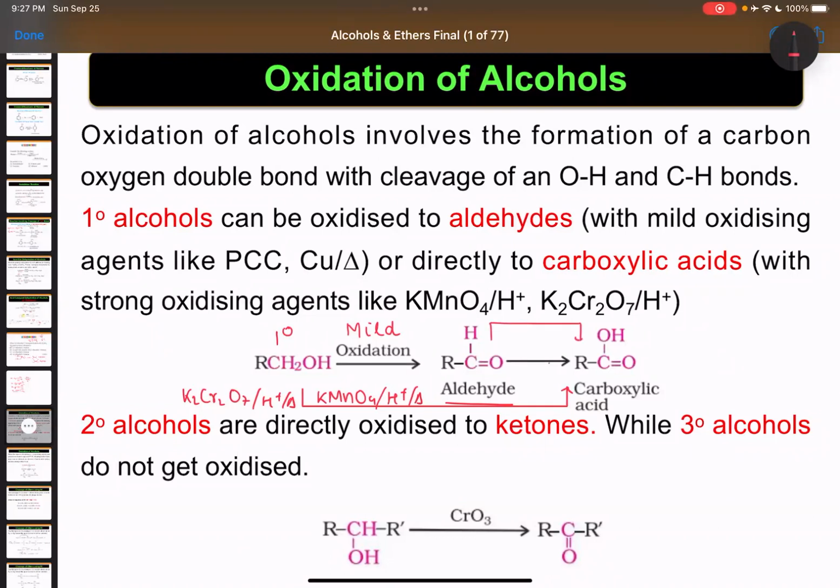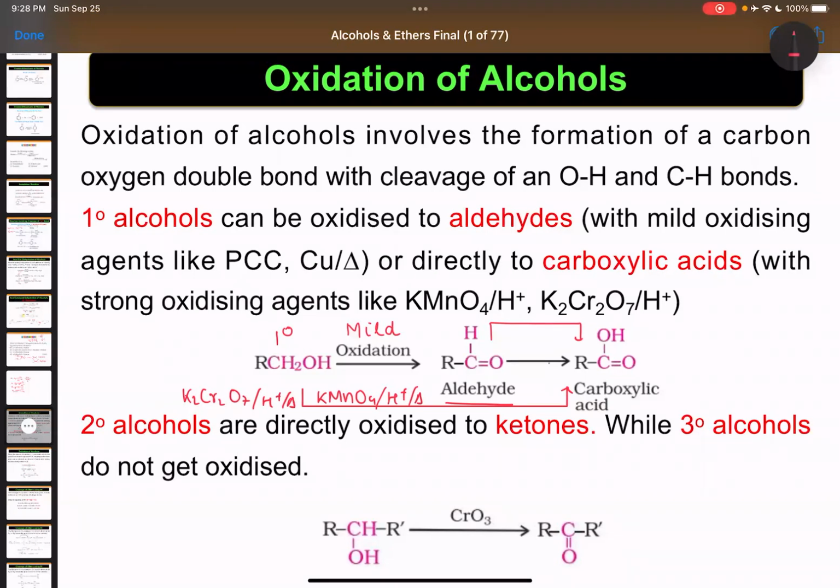The oxidation doesn't stop at aldehyde, it goes directly up to carboxylic acid. If you have mild, that's it. But if you are strong, you will go up to carboxylic acid. So you need to be very careful. So you need to choose your oxidizing agents very carefully.